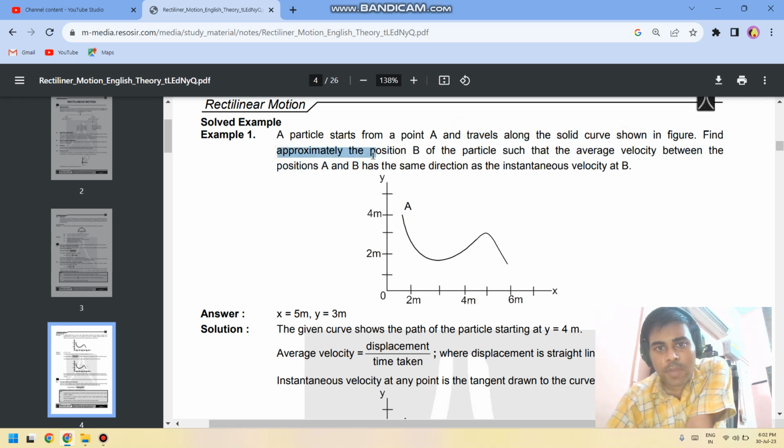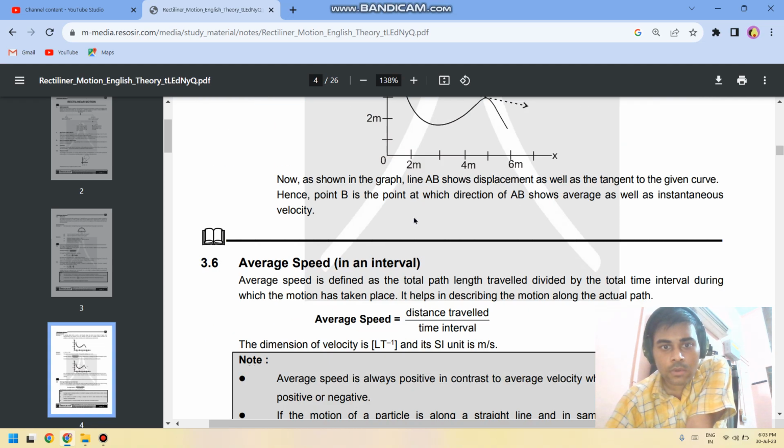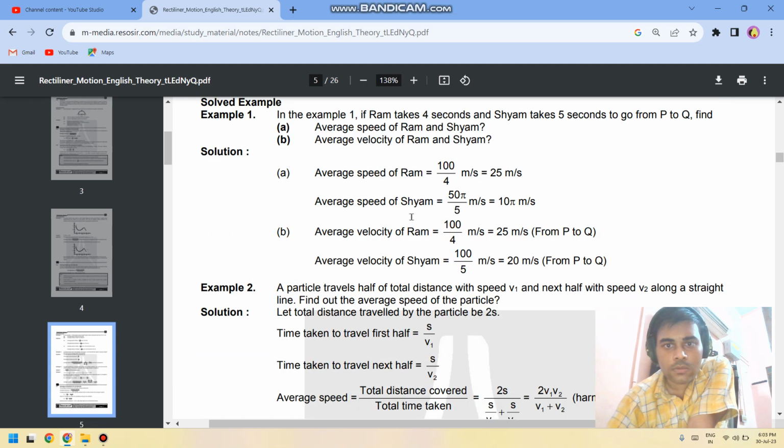Find approximately the position B of the particle such that the average velocity between the positions A and B has the same direction as the instantaneous velocity at B. I don't know where B is, so I don't think I can solve this problem. Something is wrong with this problem. Let's go to another question.